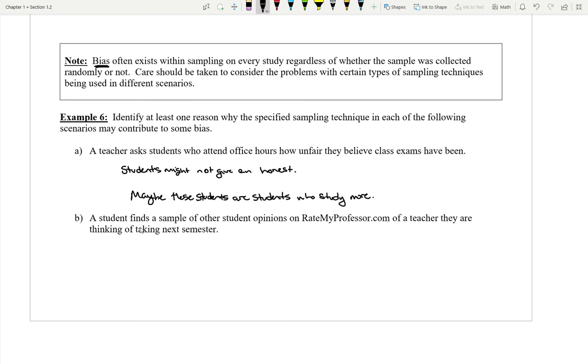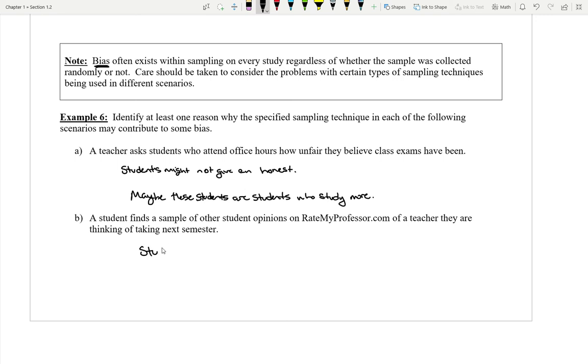Well, we could think about it like this. Why does someone go to Rate My Professor to write a review to begin with? Maybe you have, maybe you haven't. But immediately there, you should be able to ask, why have you gone to write a review? And if you haven't, why haven't you? We could right there start to identify a little bit of bias.